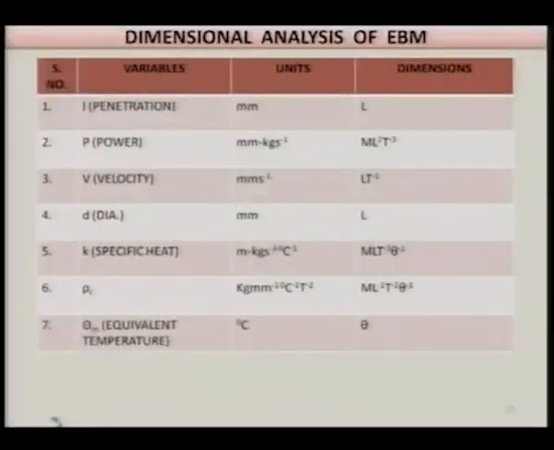Now this table gives you the name of the variables that we are going to use, units of the variable and dimensions of the variable. Penetration is millimeter, L is the dimension. Power is kg millimeter squared per second cubed, and M L squared T raised to power minus 3 is the dimension. Velocity v is millimeter per second, L T raised to power minus 1.